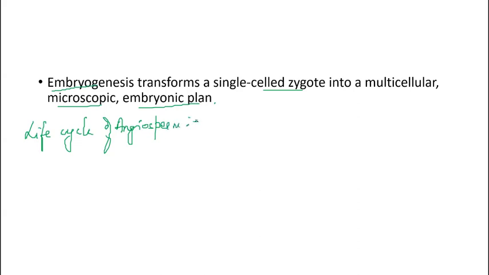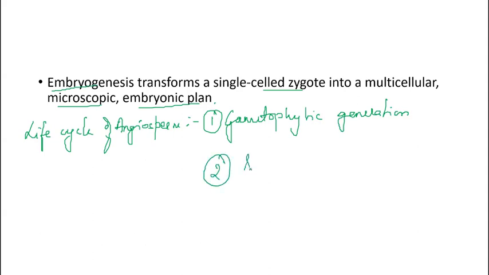It consists of two generations, the sporophytic generation and the gametophytic generation.